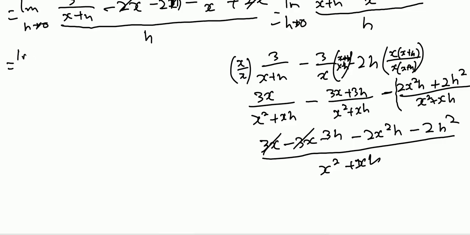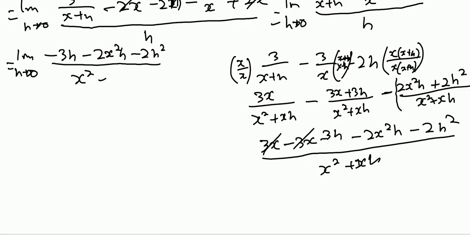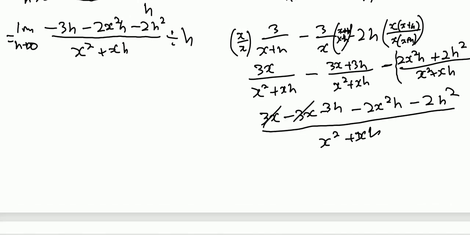That means you are going to have what? The limit as h approaches 0. We are left with negative 3h minus 2x squared h minus 2h squared all over x squared plus xh, divide by h. Then we continue.